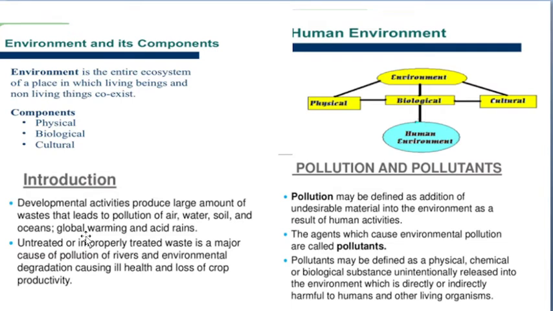It also creates global warming and acid rain. What global warming and acid rain are, we will discuss in our next classes, but today we will be discussing only water pollution and air pollution.